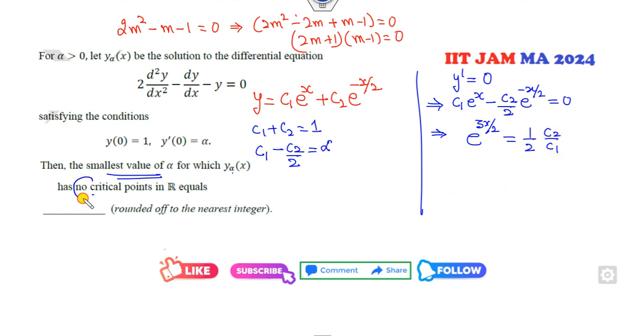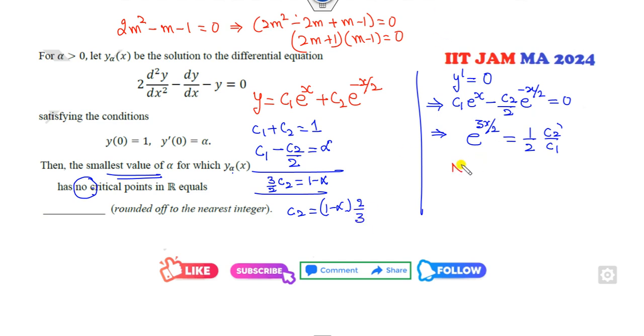Now we need no critical point. When will it be no critical point? Only when c2 will be 0. Now for what value of alpha will that be? Can you solve them? If you subtract them, it is 3 by 2 times 1 minus alpha. So c2 will be 1 minus alpha times 2 by 3.